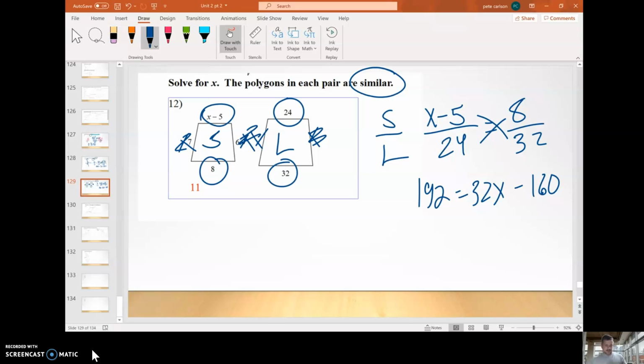Add 160 to the other side. You get 352 equals 32x. Divide both sides by 32, you get x equals 11.